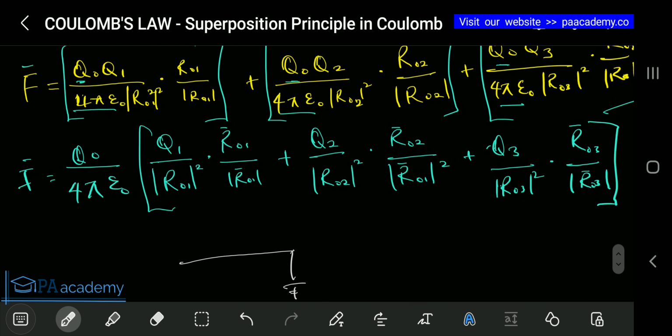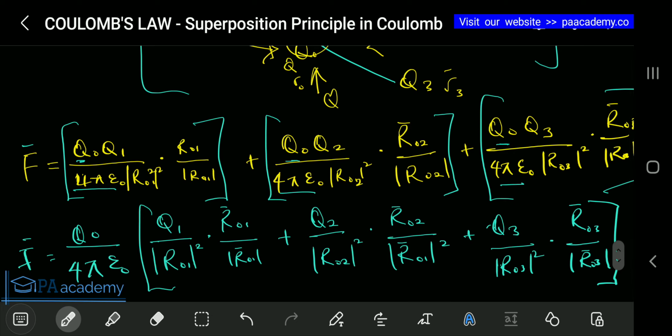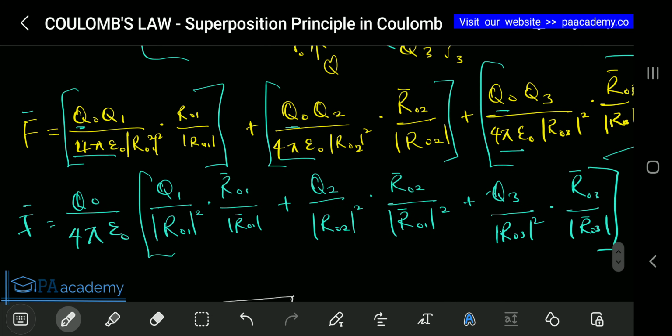So it's the same principle that is working here when you are dealing with the superposition principle in Coulomb's law. With all this explanation, in the next part we are going to look at examples to understand how to apply this formula in answering questions under the superposition principle in Coulomb's law.